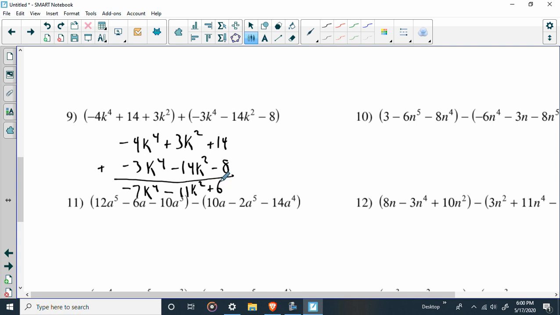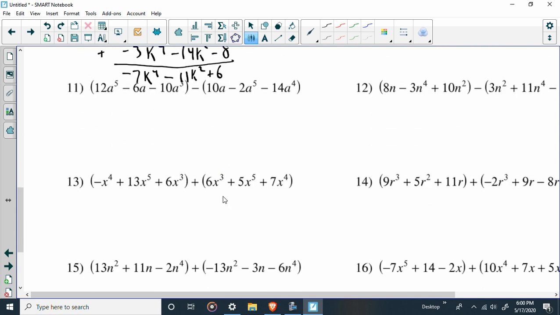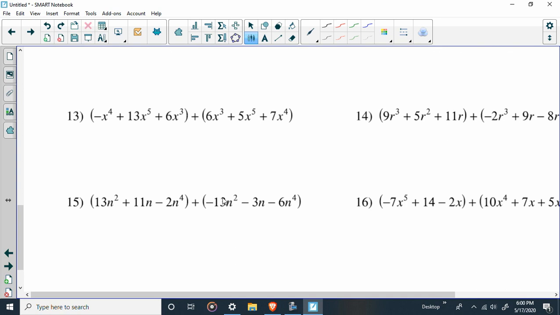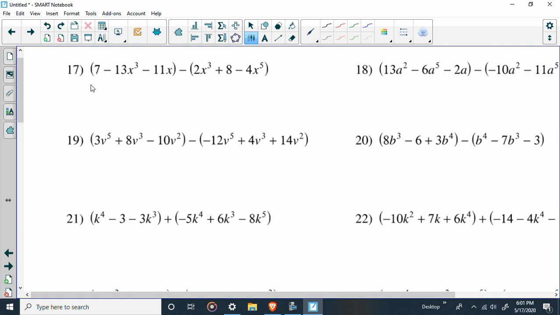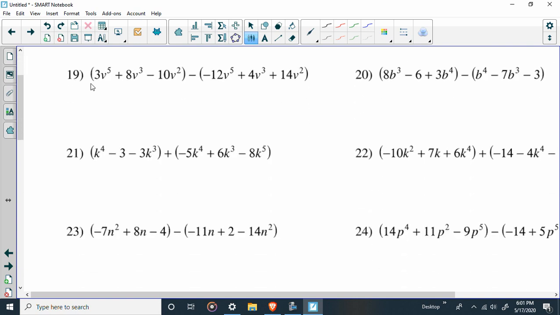Okay, so again, that should give you guys kind of everything you need. Again, I'm looking for one that's a little bit more challenging here. Let's take something like number 21 here, okay? Again, this one's got a fifth power, a fourth power, and a third power.